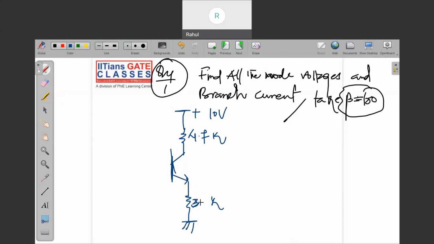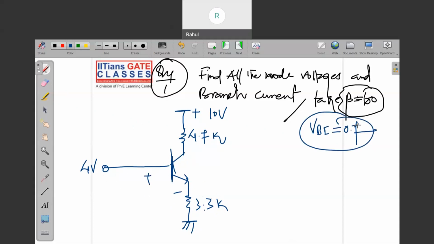And your base potential is known, that is 4 volt, and you can assume that VBE is 0.7.